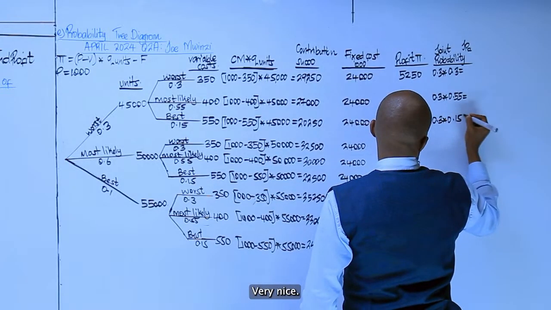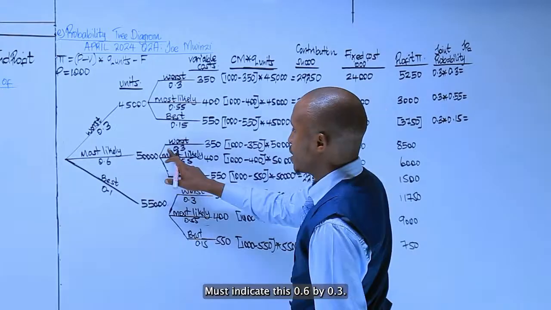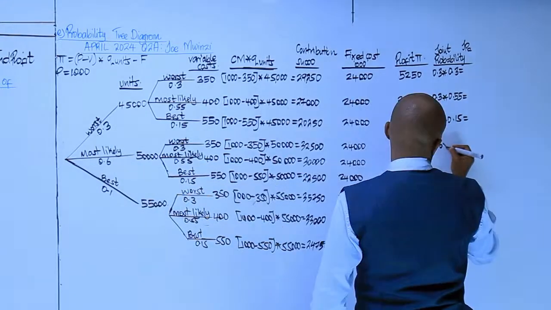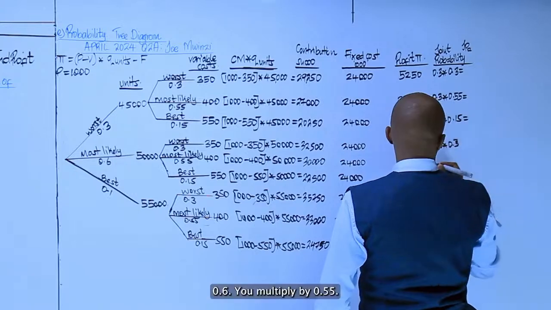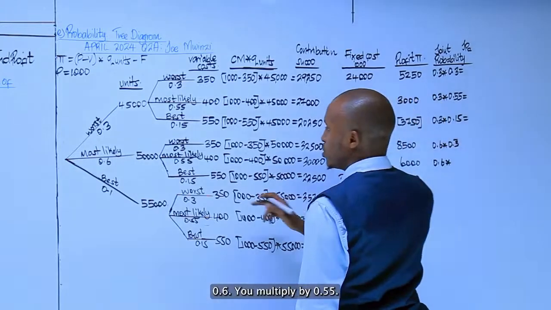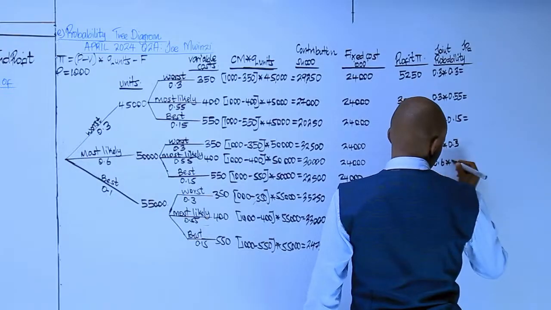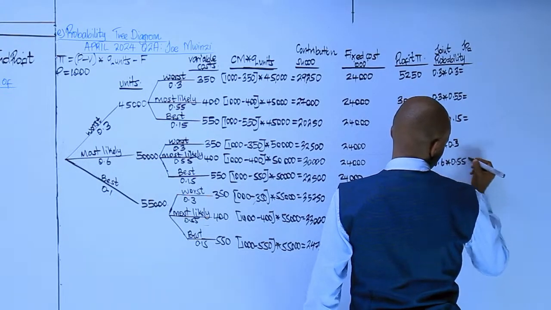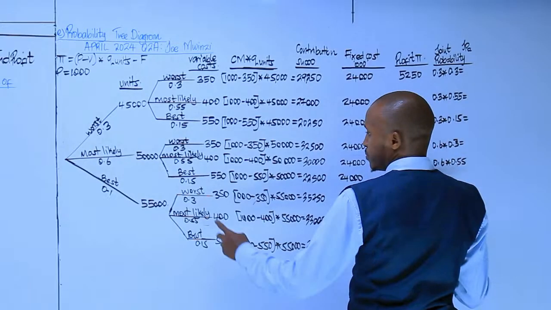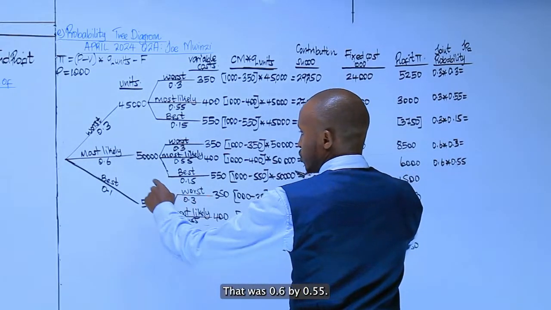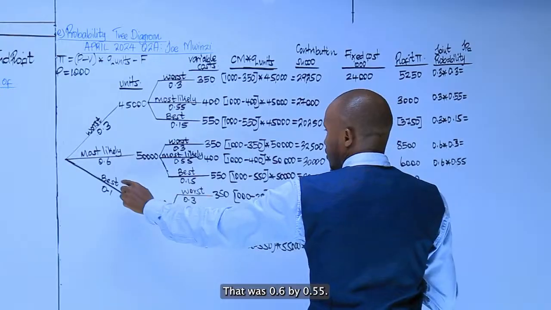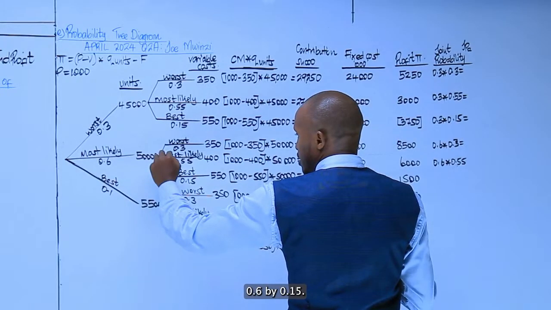Must indicate this. 0.6 by 0.3. 0.6, you multiply by who? 0.55. That was 0.6 by 0.55. 0.6 by 0.15.